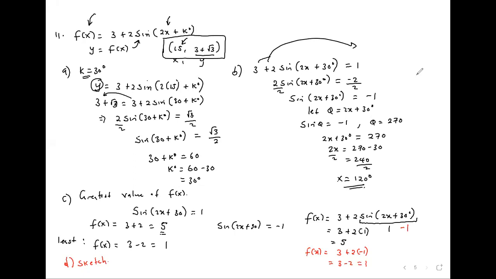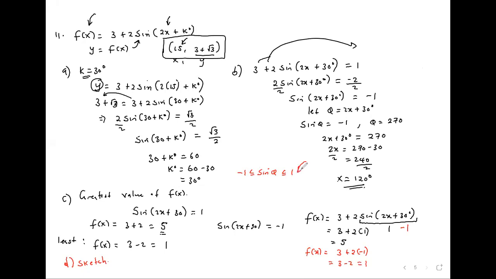Now we know that sine, in its nature, runs from negative 1 to 1. So even if we have theta as 2x plus k, which is 2x plus 30, sine will still run from negative 1 to 1.